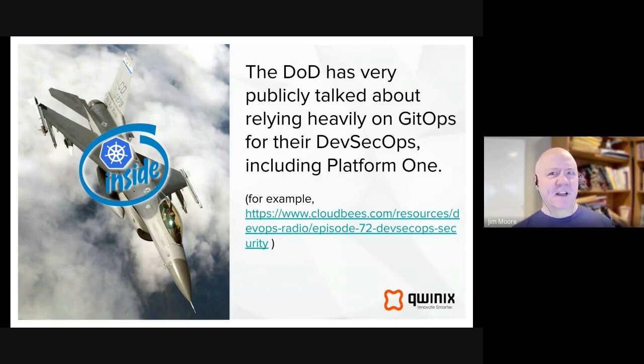They won't say exactly what systems for pretty obvious reasons, but that's part of the reason why the Department of Defense is part of the CNCF, the Cloud Native Computing Foundation, and a pretty regular contributor to it, because they rely very, very heavily on these technologies.